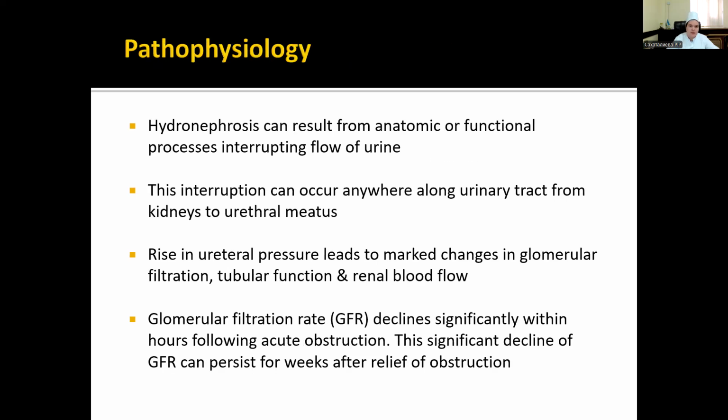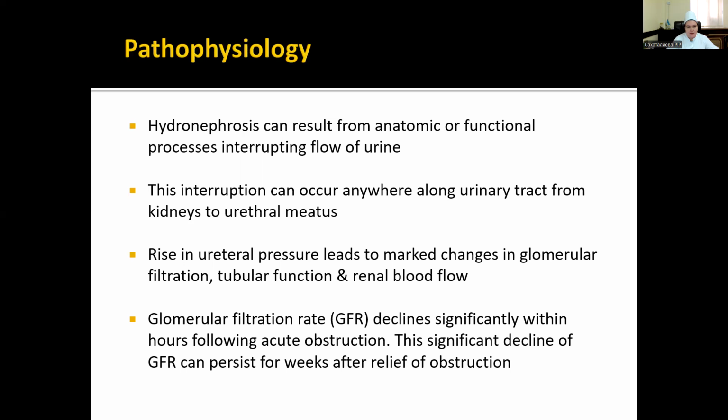Hydronephrosis can result from an anatomic or functional process interrupting the flow of urine. This interruption can occur anywhere along the urinary tract, from the kidneys to the urethral meatus. Rise in ureteral pressure leads to marked changes in glomerular filtration, tubular function, and renal blood flow. Glomerular filtration rate declines significantly within hours following acute obstruction.